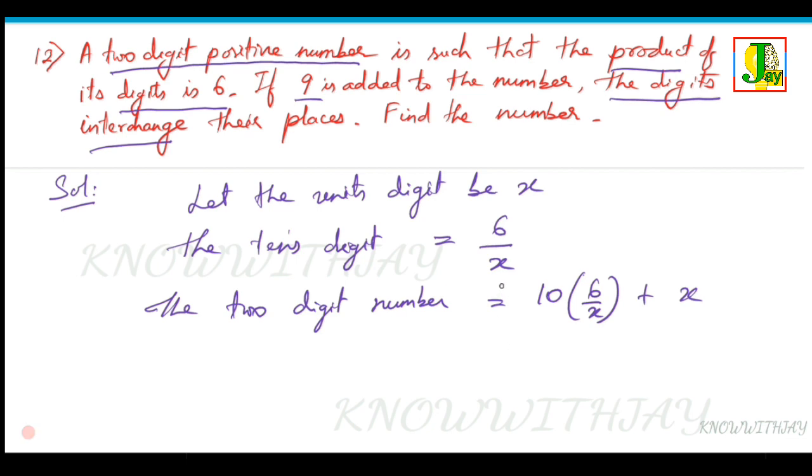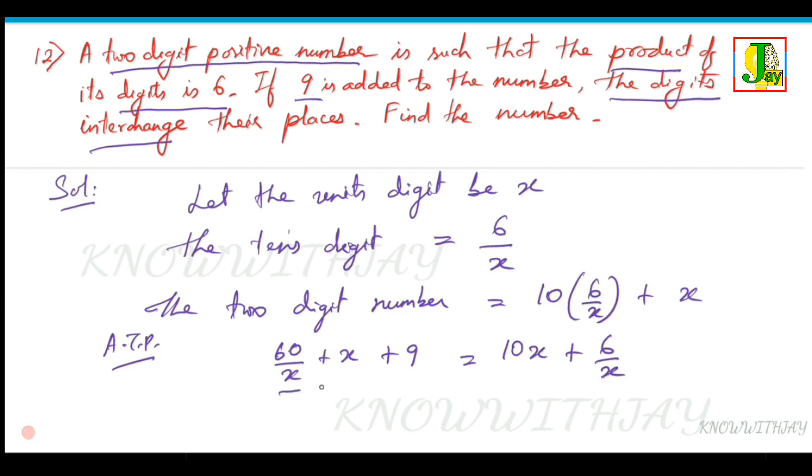If I add 9 to this, that's 60 by x plus 9, then the digits get reversed. The tens digit goes to the units place and the units digit comes to the tens place, so we have 10x plus the units digit, which is now this.